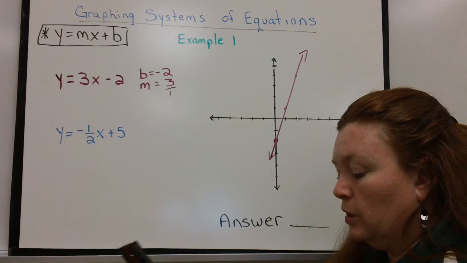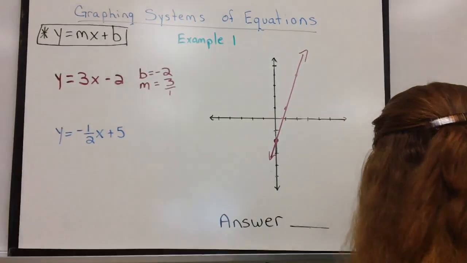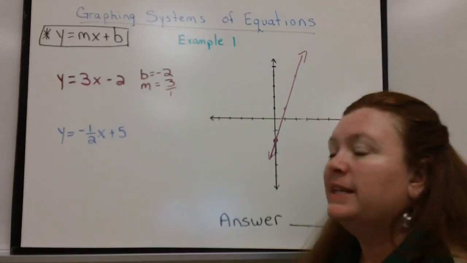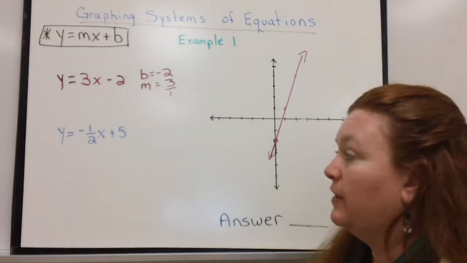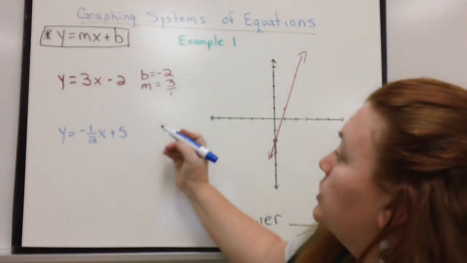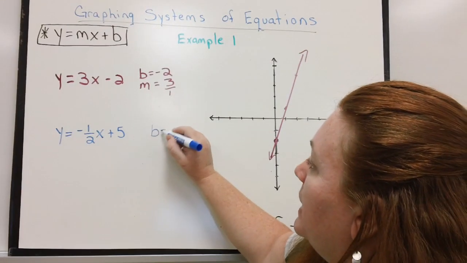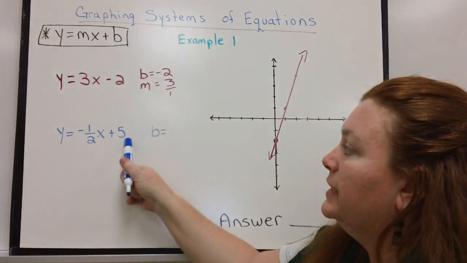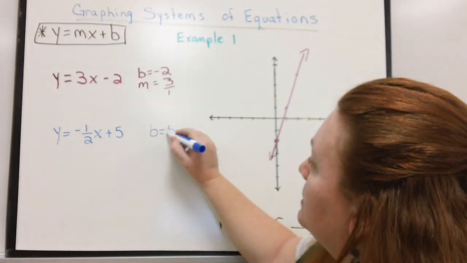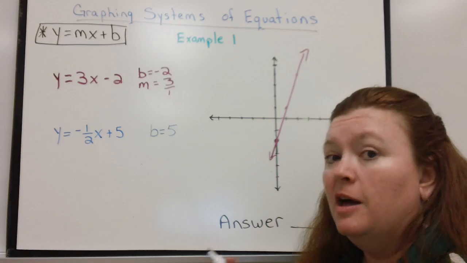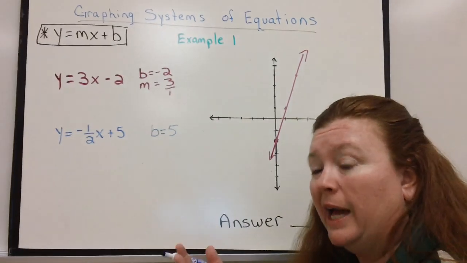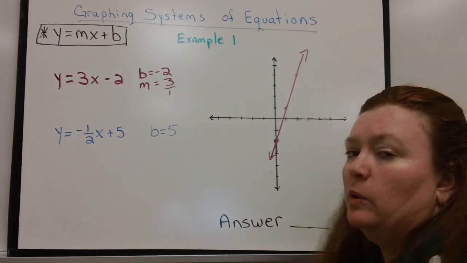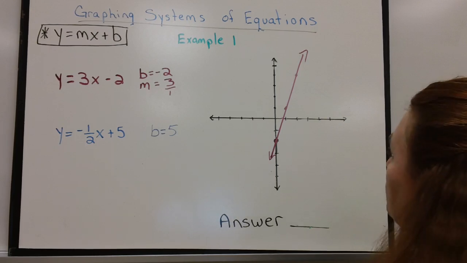Now I need to graph the second equation, which is y equals negative 1/2 x plus 5. First question, what is b? b is 5. So that means I'm going to draw a dot at 5 on the y-axis. Wait a minute, which one's the y-axis? I forgot to write it.